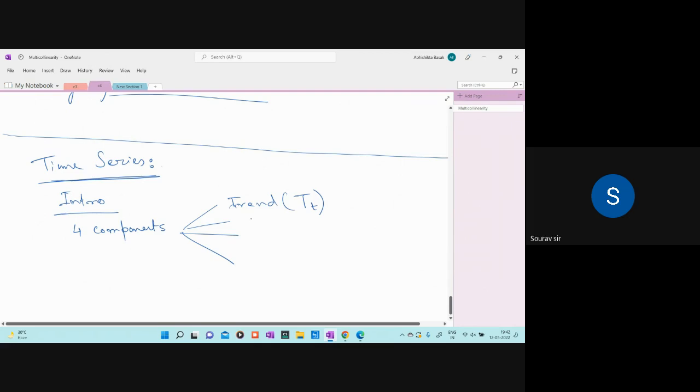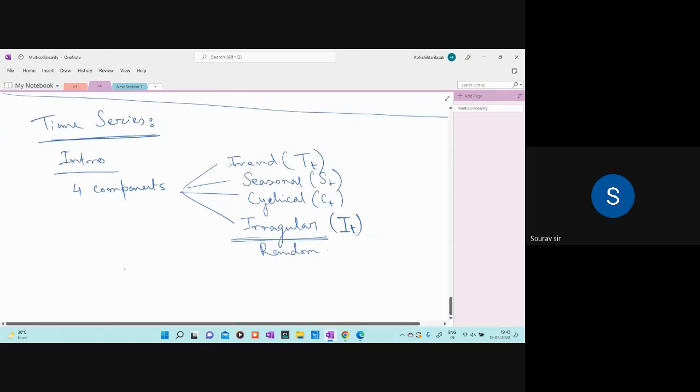One is trend, next is seasonal, that is my ST. Another one is cyclical, CT, and the third one is irregular. I am explaining this with IT. In some books, you can get a random component as well. Then we can go for the explanation of these one by one.